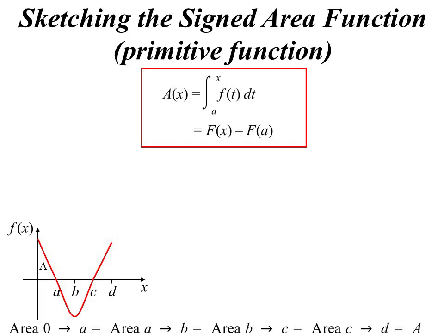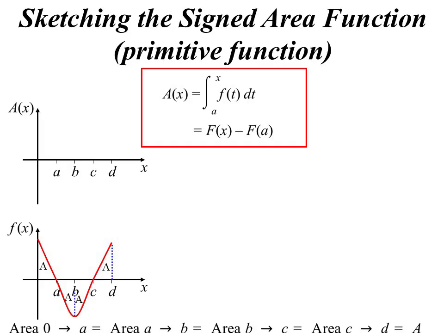So the area from 0 to a, I'm saying, is going to be the same as the area. It won't be the same as the integral, of course, because some is above and some is below, but it'll be the same as the area from a to b, which will be the same as the area from b to c and c to d. So in other words, I'm saying they're all equal to a.